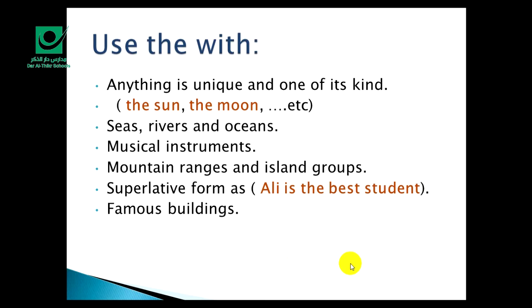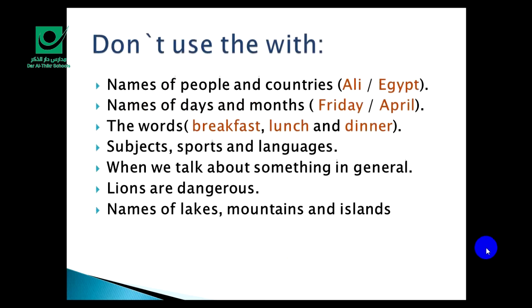We don't use the with the following. Number one, names of people and countries. For example, when you say, that's my friend Ali, you cannot say, that's my friend the Ali, or an Ali. No, that's my friend Ali. I'm from Egypt.